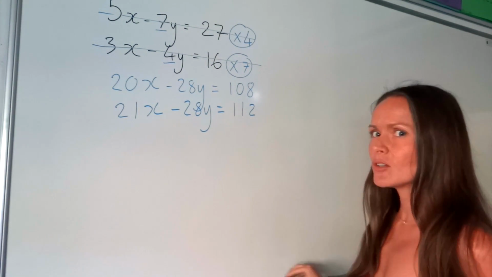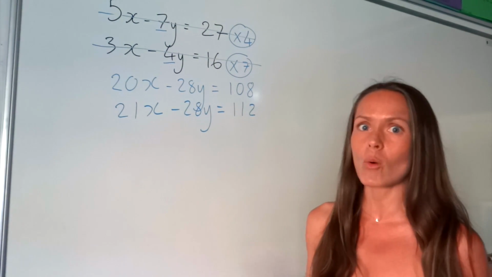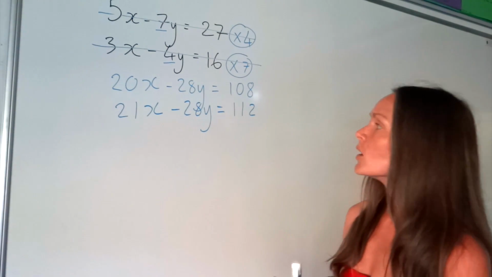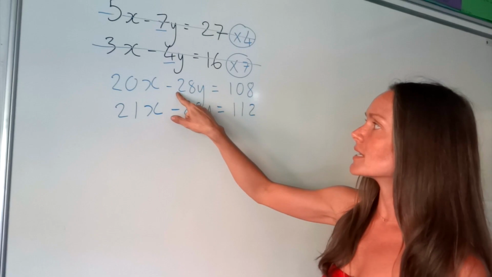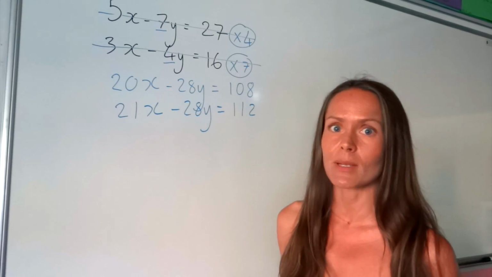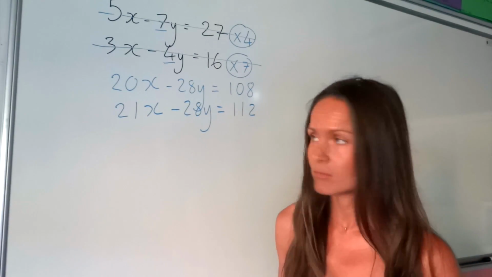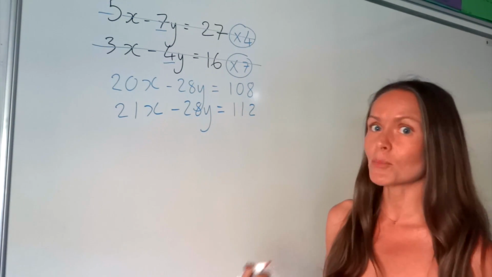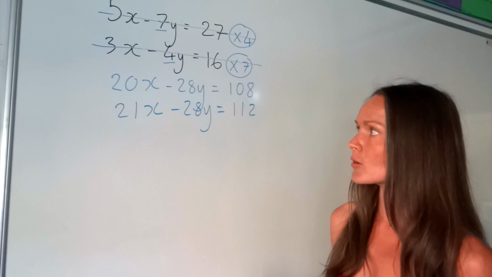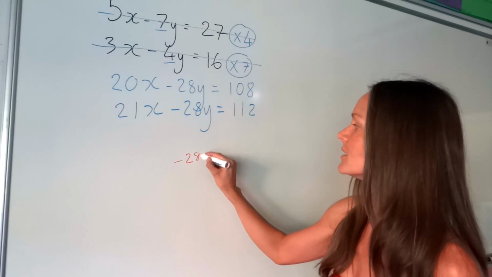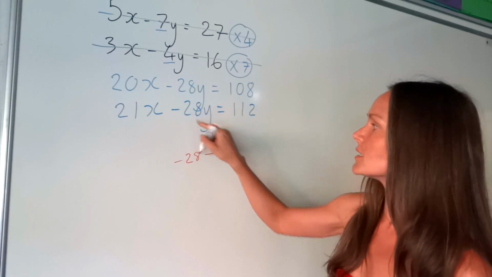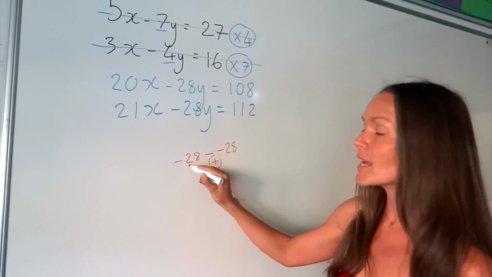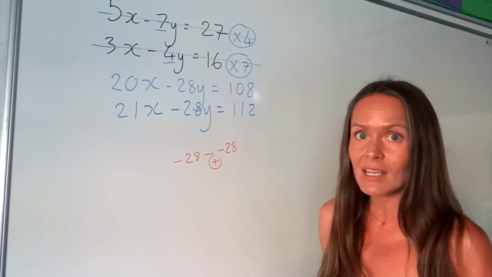Now, this one looks a little bit harder. It's maybe not quite so obvious whether we're adding or subtracting the equations together. Well, if I add negative 28 to another negative 28, I don't get 0, okay? I get negative 56. But if I subtract them, they go to 0, because negative 28 take away negative 28, so you've got a double minus, is the same as negative 28 plus 28, which is 0.